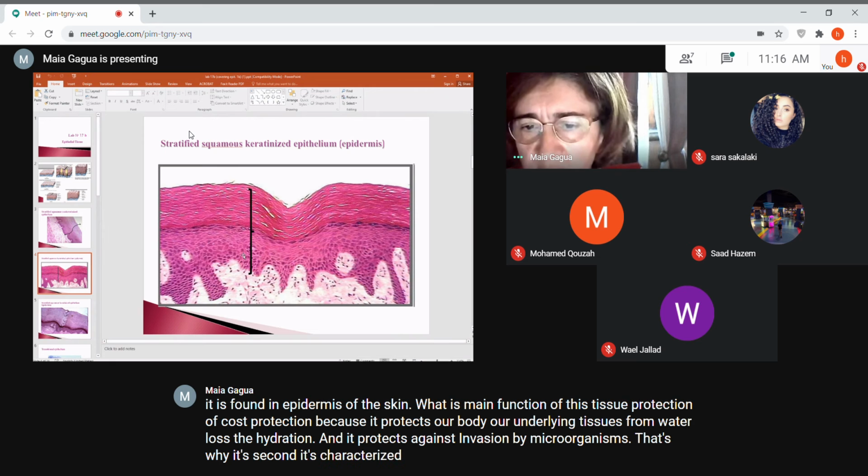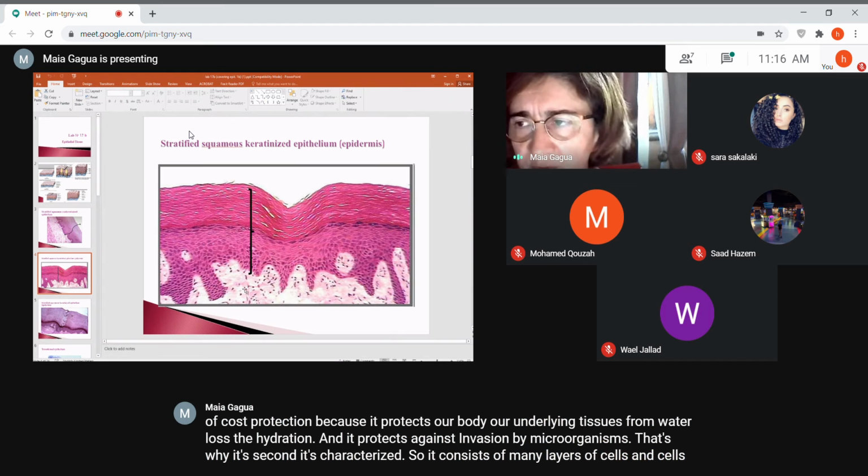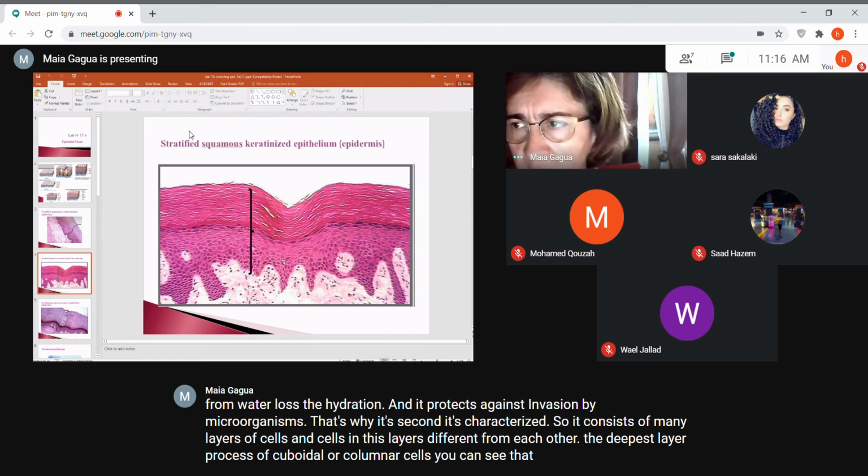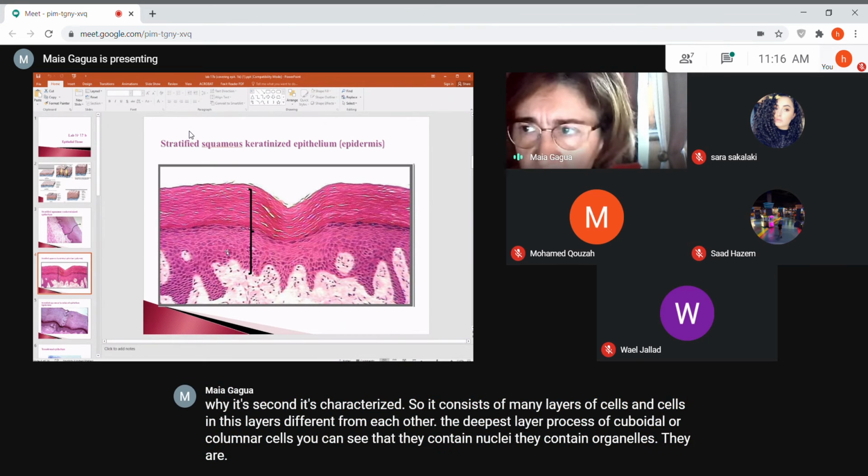So it consists of many layers of cells, and cells in these layers differ from each other. The deepest layer consists of cuboidal or columnar cells. You can see that they contain nuclei. They contain organelles. They are metabolically active.